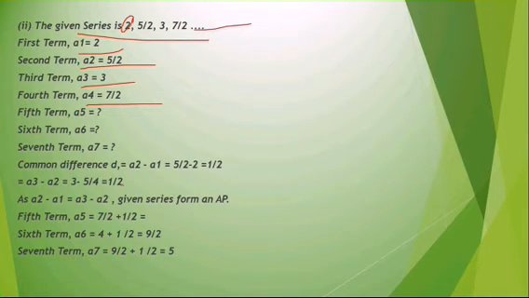To check, first we need to find the common difference. Here we can find it by subtracting second term minus first term, that is 5 by 2 minus 2. Taking LCM, we will get it as 1 by 2.